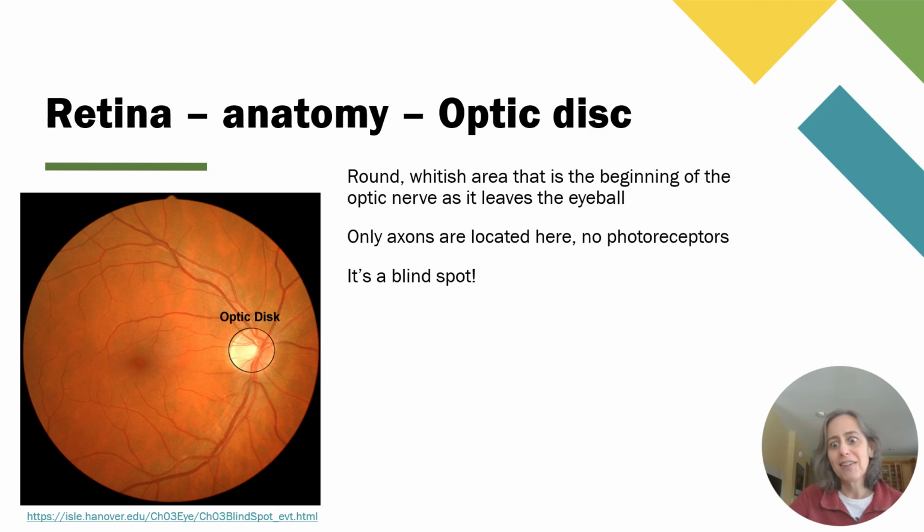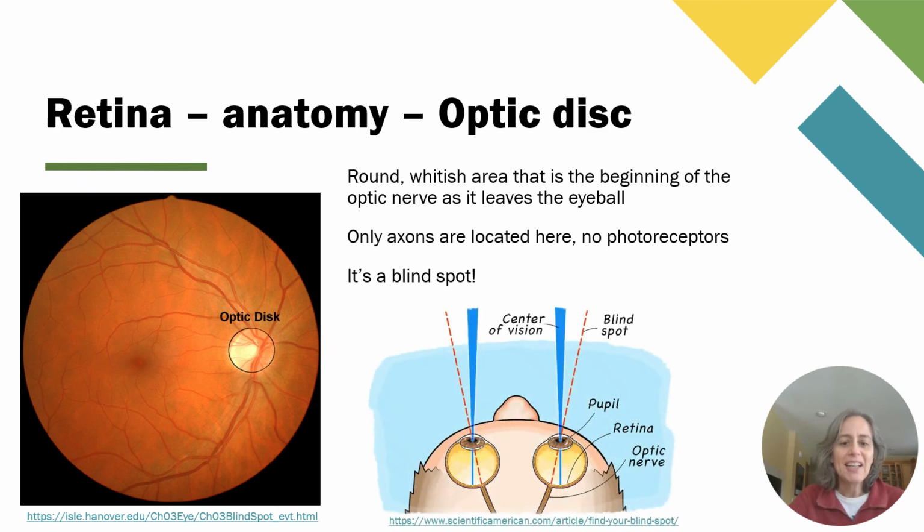So fun stuff. This is an image showing you the same thing. So let's see, the red dotted line is the one we're interested in here. So if there's an object here and its light rays are coming into your eye in such a way that they are landing on your blind spot, which is where your optic nerve begins, you cannot see it.